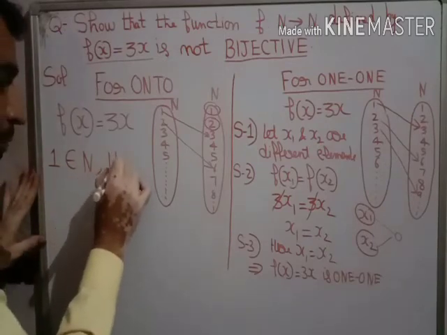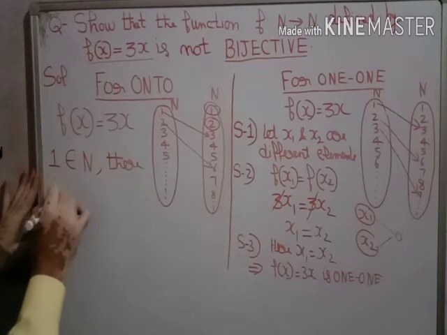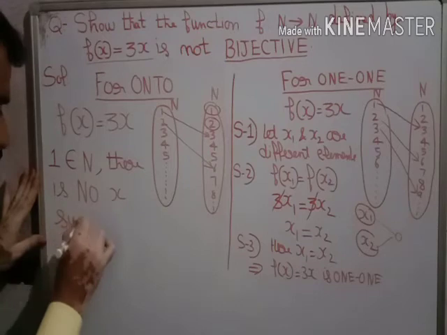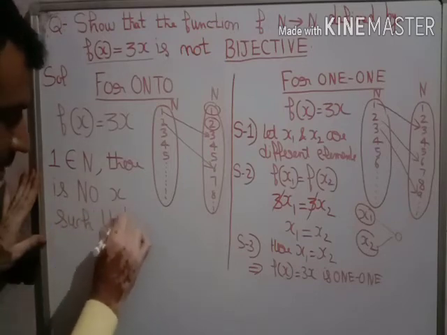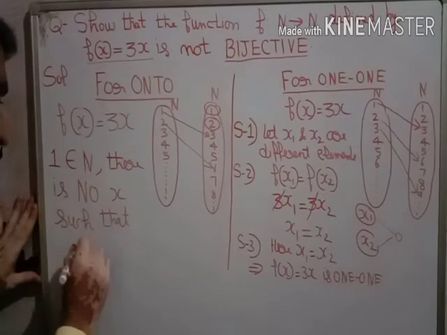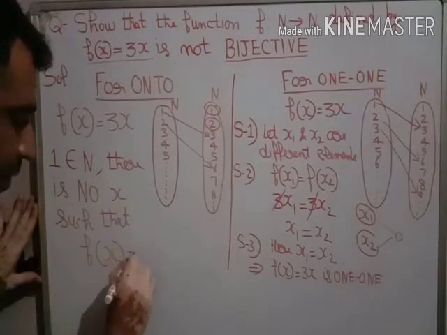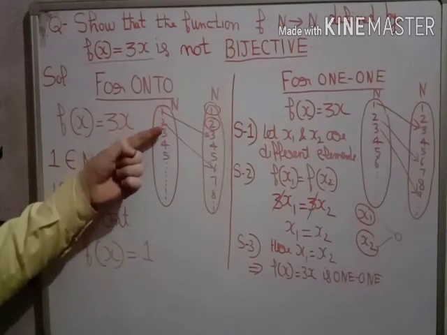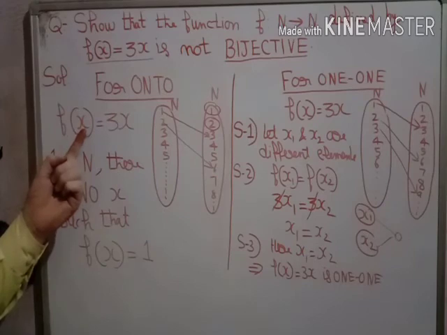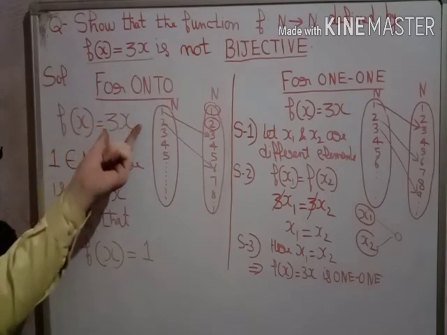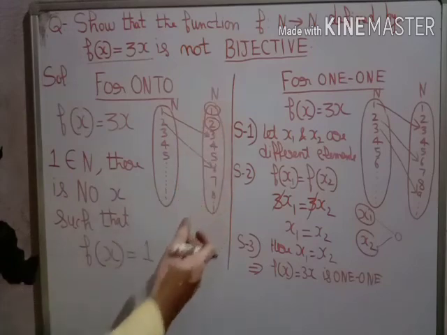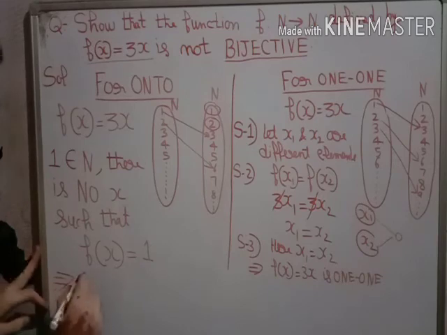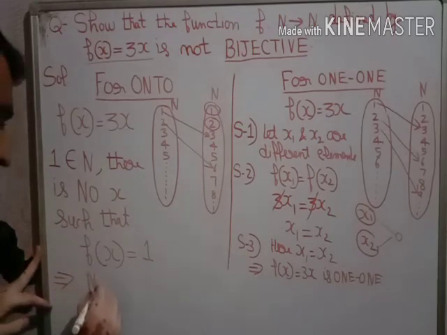There is no x such that f of x equals 1. That means I have no such natural number that if I put it in place of x, I get 1 here. It means many elements are left. I have taken 1 as an example, and this implies that the function is not onto.